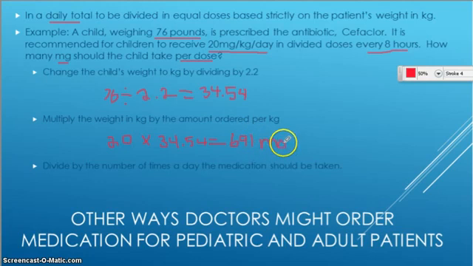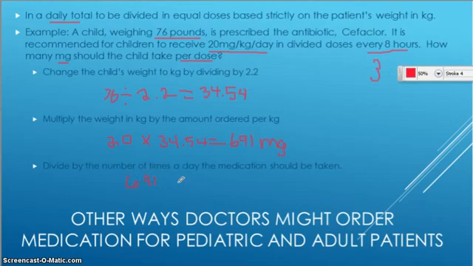Now that's how much the patient needs for an entire day. Remember, the doctor said take that entire day and divide it into doses every 8 hours. Since there's 24 hours in a day, that means we're going to divide it by 3. So we're going to take that 691 and divide it up into 3 doses.